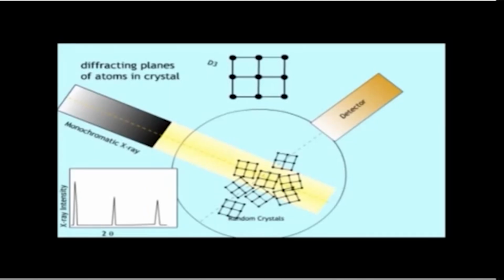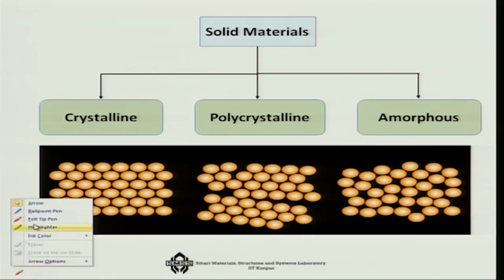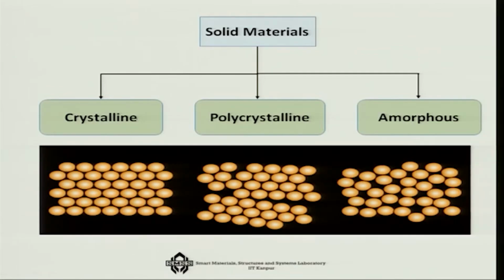That generates what you call constructive interference in the system, and by looking at that constructive interference, we find out the kind of crystal structure, if at all it has a crystal structure. Thus every solid material can be subjected to XRD testing, and we first find out whether it is crystalline or not.